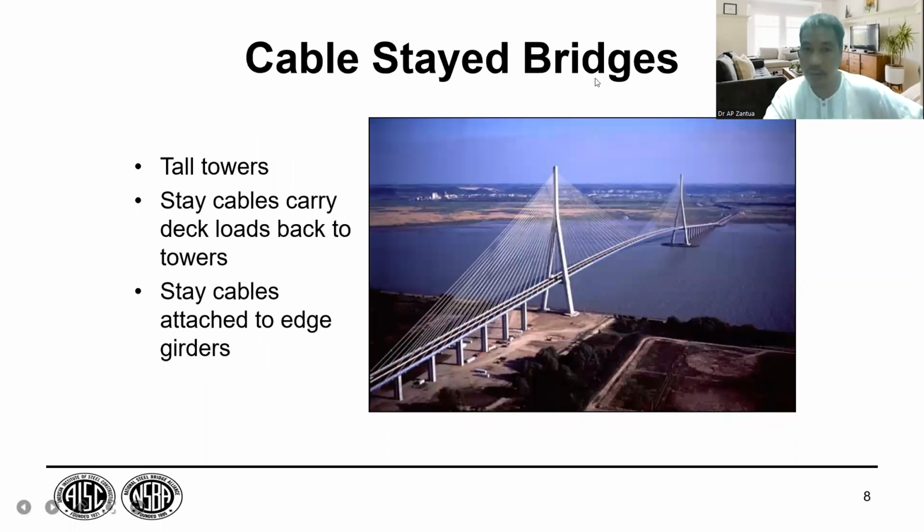Cable stayed bridge. The tied bridge also uses steel cable, but this one is what we call a cable stayed bridge, because take note of the cables.